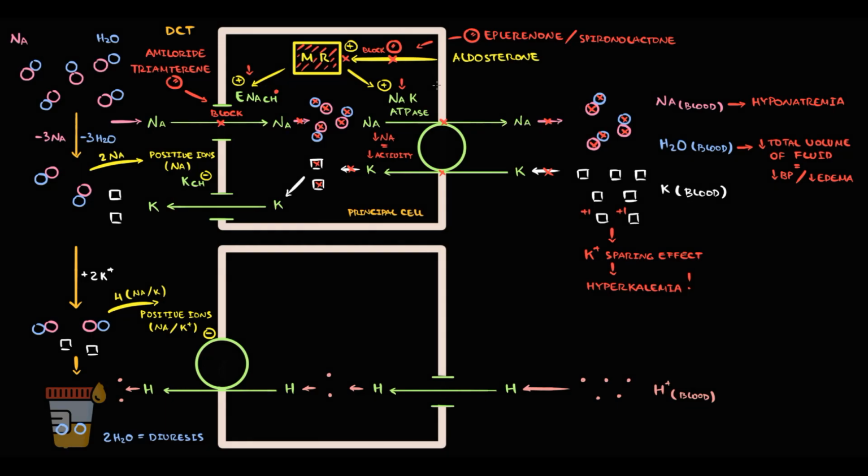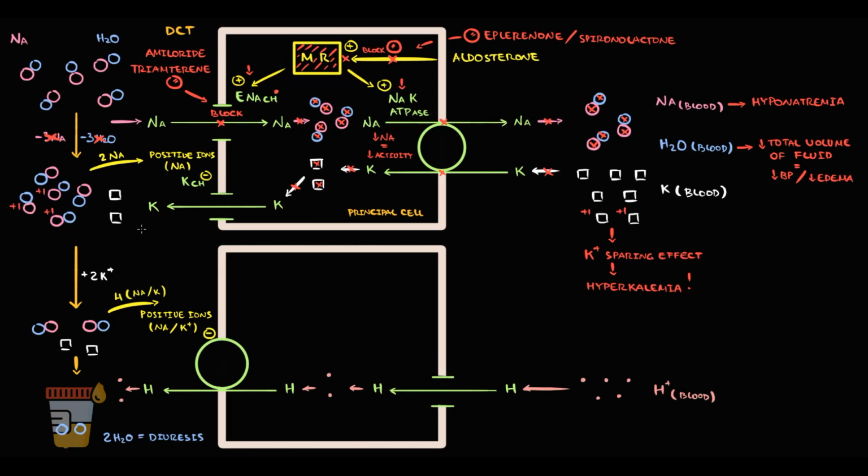With decrease in the amount of potassium ions inside the principal cell, the leakage of potassium ions through the potassium channels will decrease. In addition to this, as we see, the effect of potassium-sparing diuretics causes decrease in reabsorption of sodium and water molecules. So now there are 3 additional sodium and water molecules in the lumen of the collecting tubule.